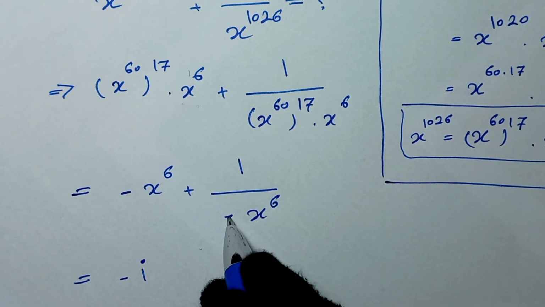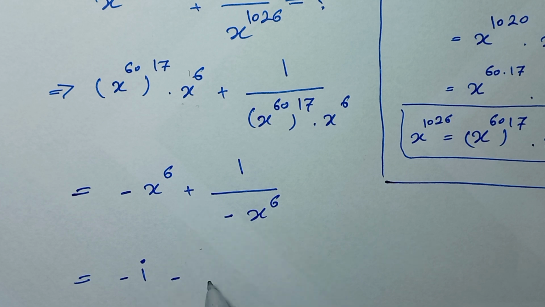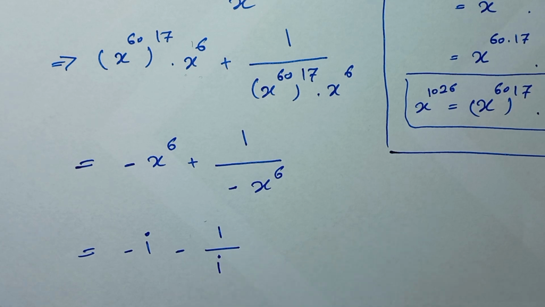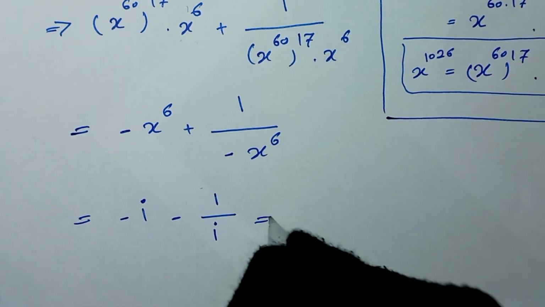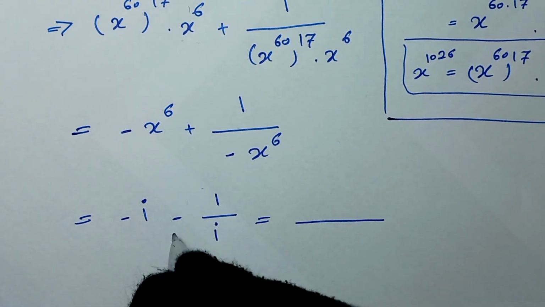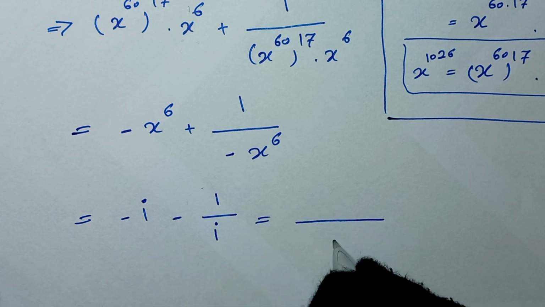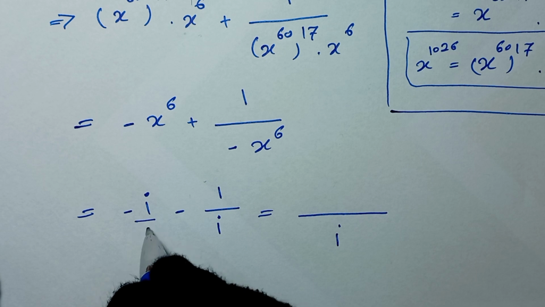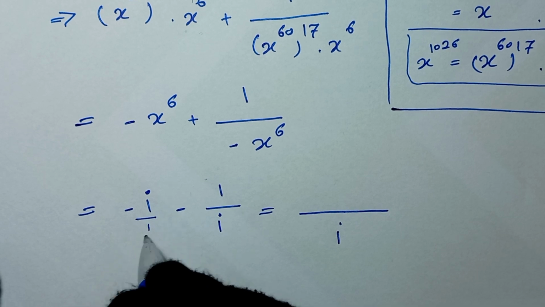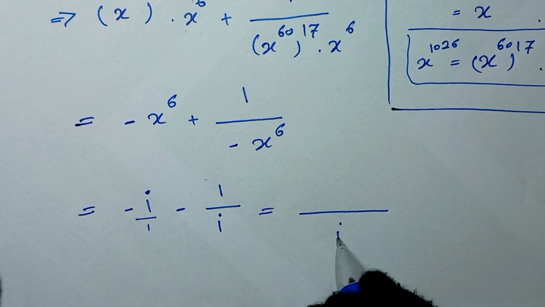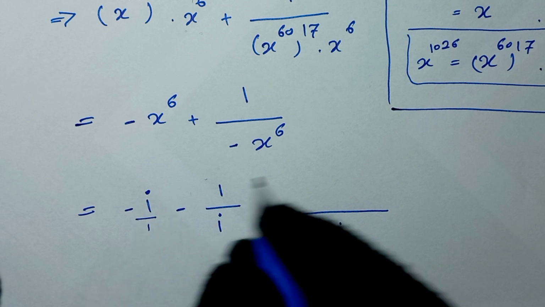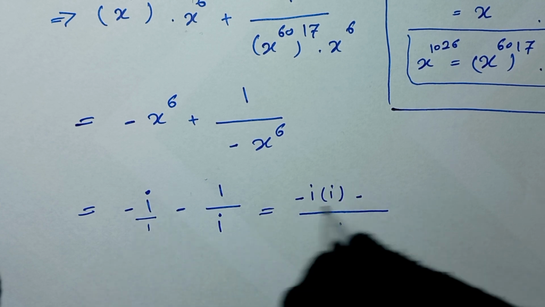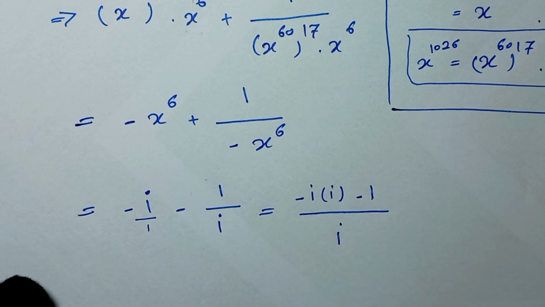and negative times this positive will be negative, and 1 over x to the power of 6 is 1 over i. And this is equal to, in here, we take a common denominator, so our common denominator is i, and this is equal to negative i over 1, right? So this denominator is multiplied by i, so we multiply this by i, so it will be negative i times i and minus 1, right?